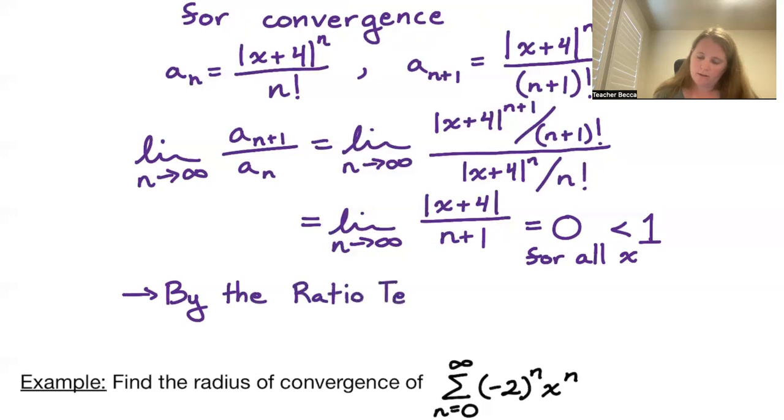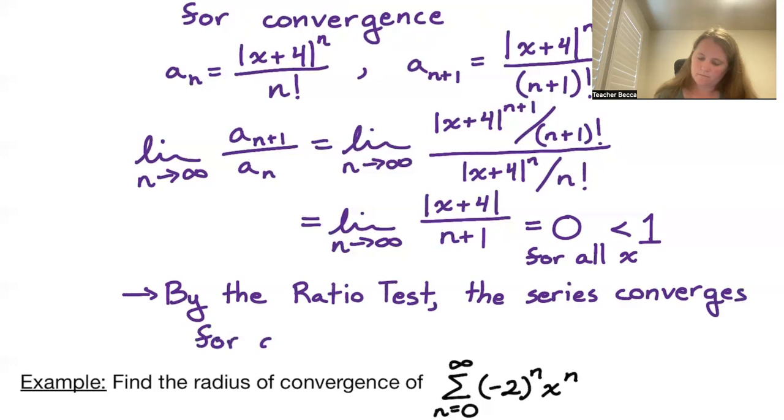So by the ratio test, the series converges for all x. Which means that we have our radius of convergence r would be equal to infinity.